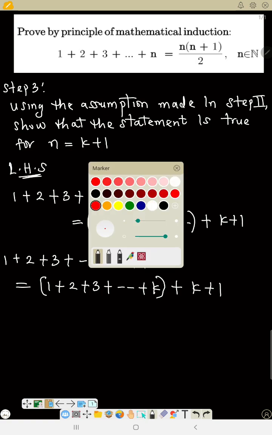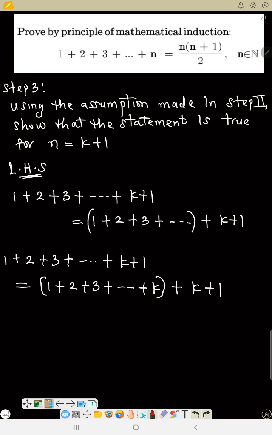In your question, you already have the sum of the first n terms, that is 1 plus 2 plus 3 plus n, equals n times n plus 1 divided by 2. So if this is k now, then this will be k times k plus 1 over 2. Look at it here: instead of 1 plus 2 plus 3 plus n, I now have plus k.